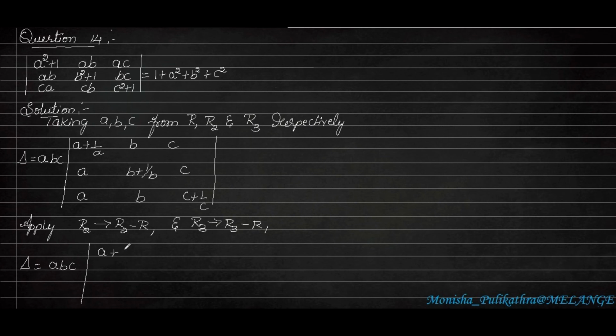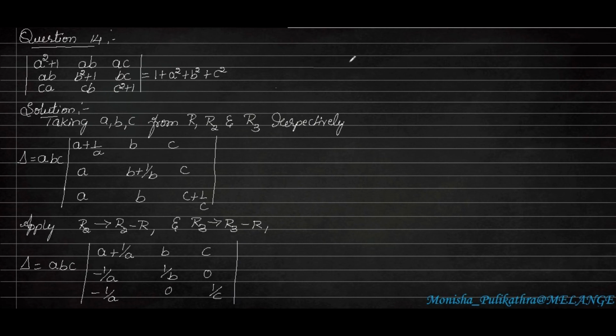For row 1 I have made no changes, so row 1 will remain as it is. Row 2 and row 3 will become minus 1 by a and 1 by b and 0, and minus 1 by a, 0 and 1 by c. These are the changes we will get.